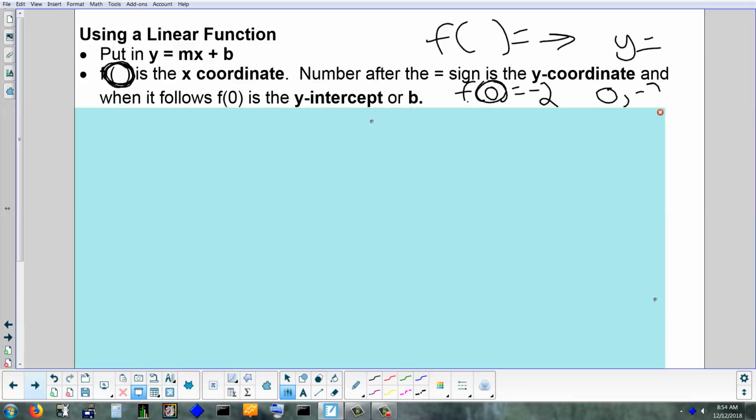Here's my y, -2. The coordinate that has the 0, the other number is your y-intercept, because it's 0 on the x-axis, down -2. That's where the graph would go through the y-axis. So again, this is just a different way to write coordinates.